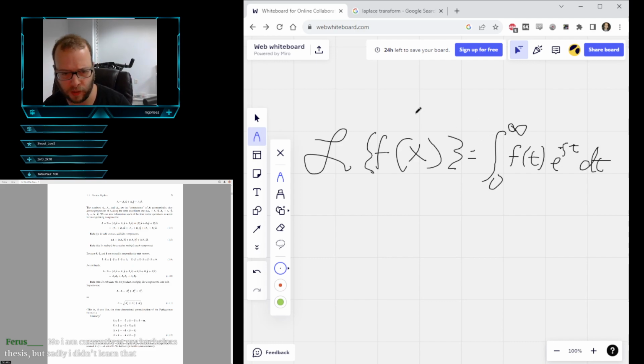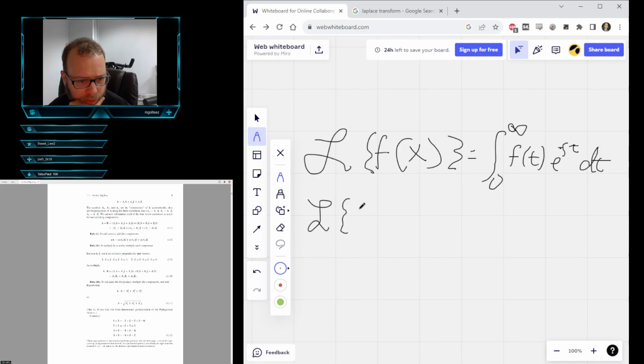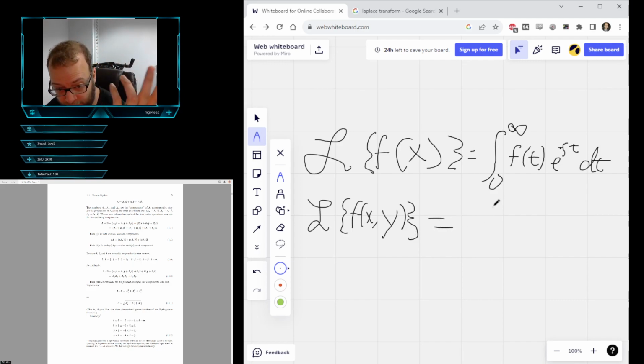If you have a two-dimensional function, Laplace of f of x and y, then the Laplace transform in the x is simply going to be this.